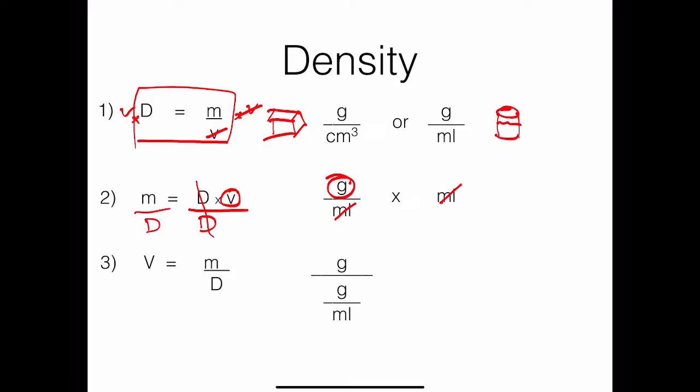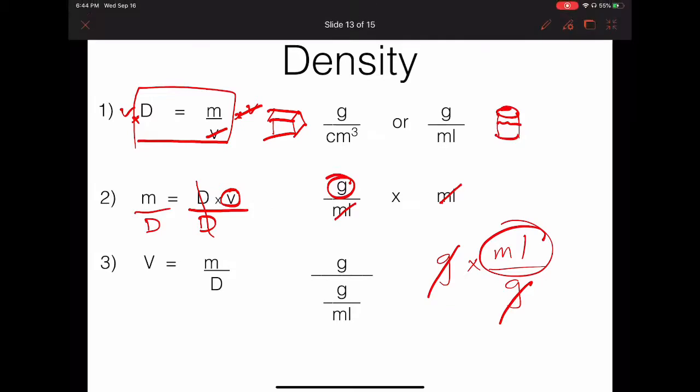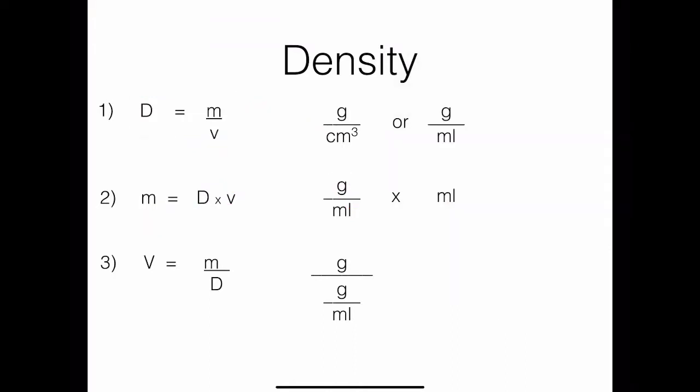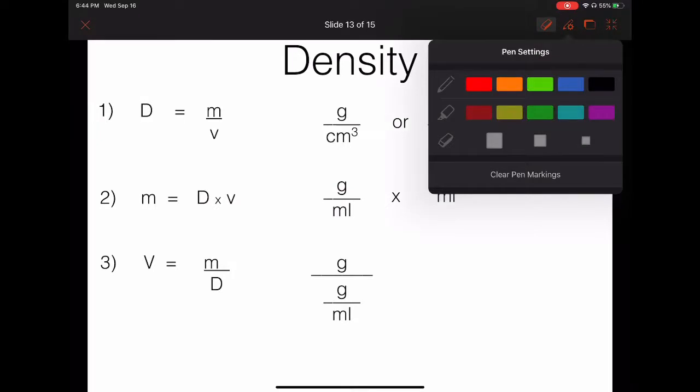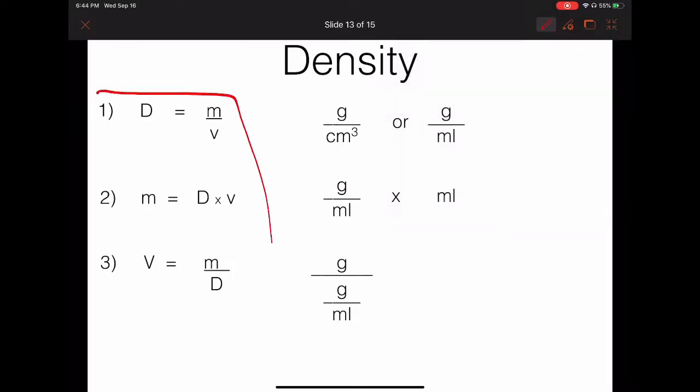So when we do that, we can see that grams times milliliters over grams will give us our answer. And our answer here is milliliters because the grams end up canceling out. So use one of these three equations to be able to solve for whichever variable you're being asked to solve for.